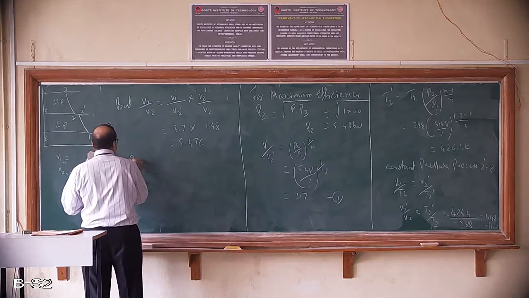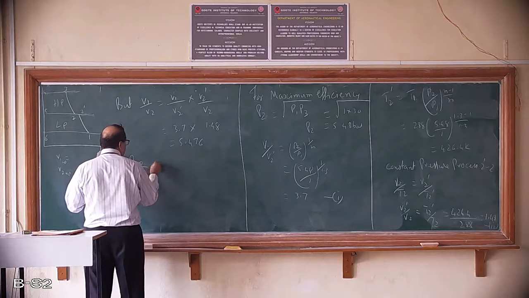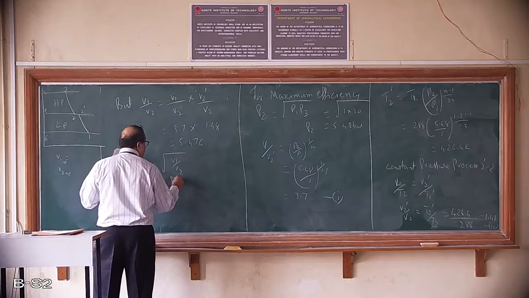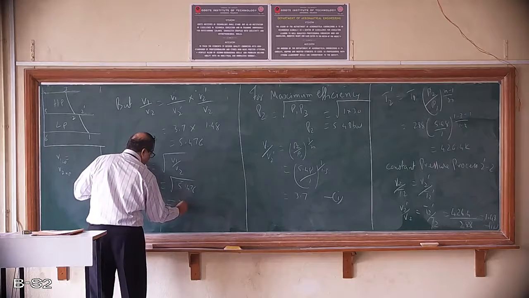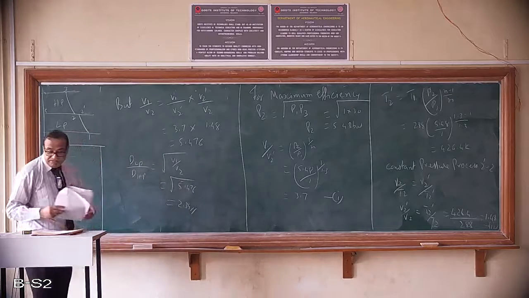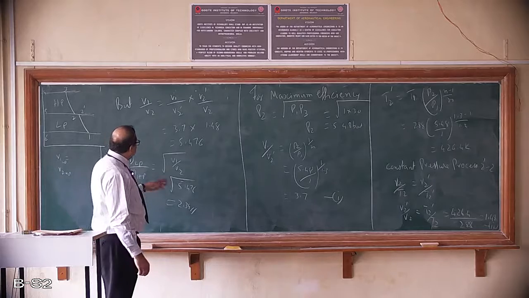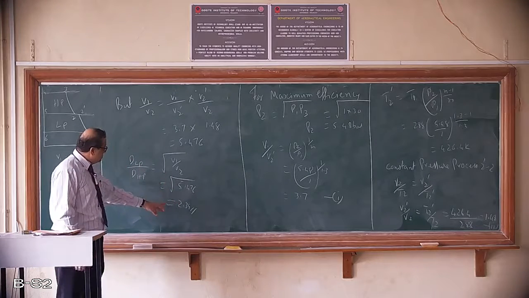Therefore, DLP by DHP is equal to square root of V1 by V2, which is nothing but square root of 5.476, comes to around 2.34. So this is how you solve this problem. We needed to find the diameter ratio, so that is 2.34.